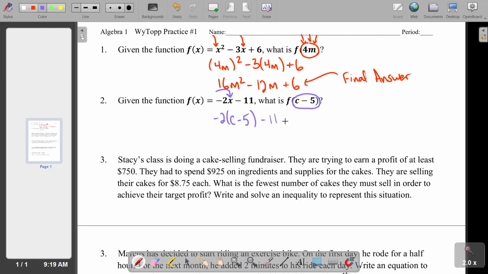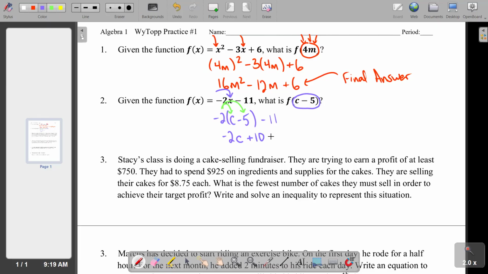From this point, this has nothing to do with anything odd. It's just distribution and combining of like terms. So when I do my distribution with these little green arrows, what am I going to get for those two answers? What's negative 2 times c? Nice. And then what's negative 2 times negative 5?